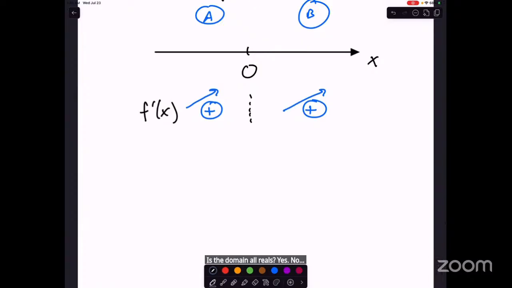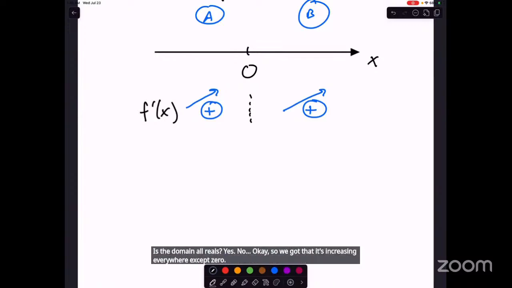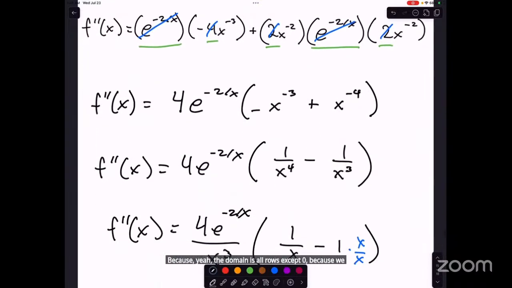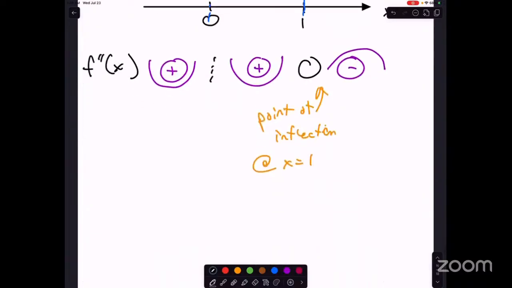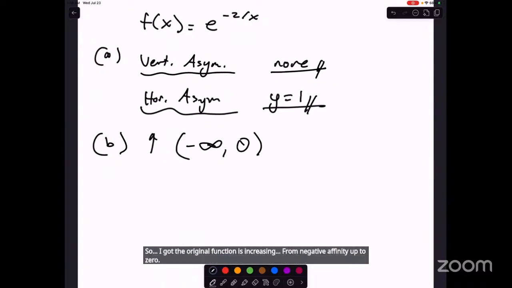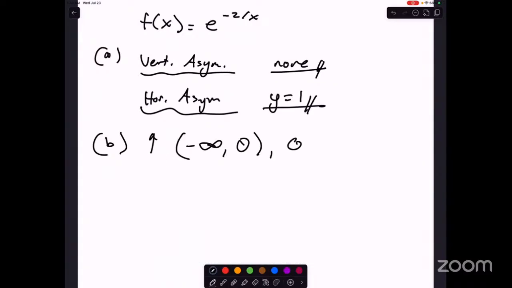No. Okay, so we got that it's increasing everywhere except 0, because the domain is all reals except 0 since we can't divide by 0. So I got the original function is increasing from negative infinity up to 0, and then from 0 to infinity. Decreasing, I got none.